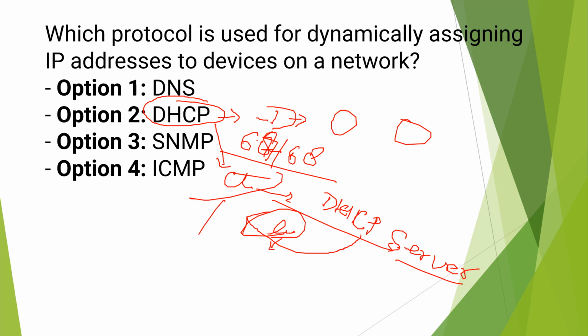So it will renew the IP address. After 50%, that is after 12 hours, it has to send the renew request. If renew is not granted, it has to be sent again. Before the 24 hours are over, it has to send the request to the DHCP server to renew the IP address so that it can continue to use it.